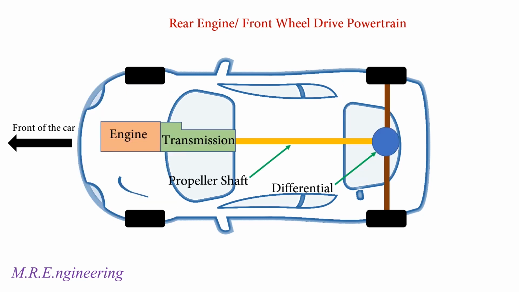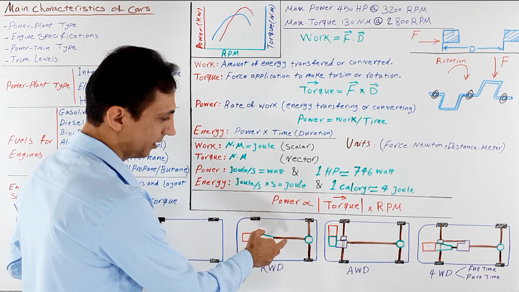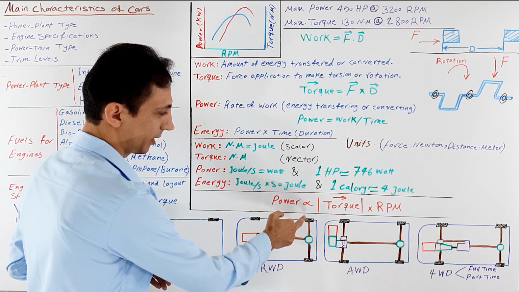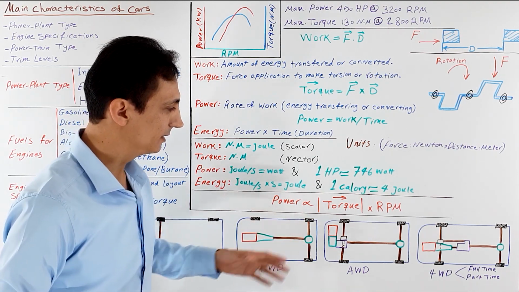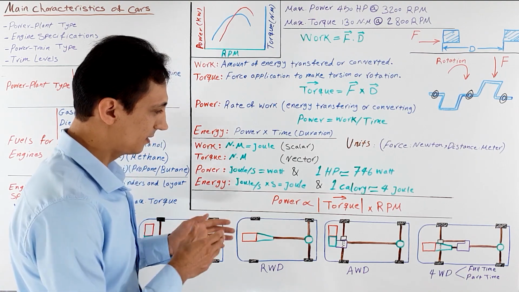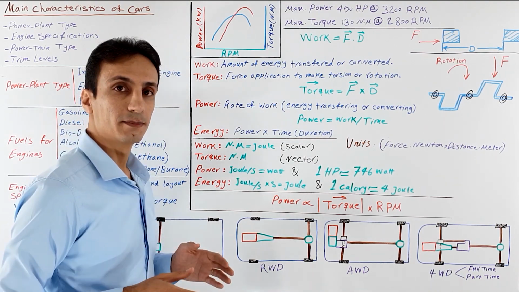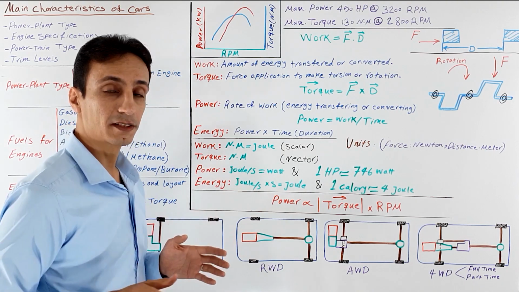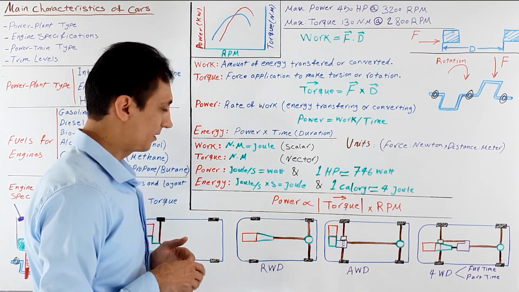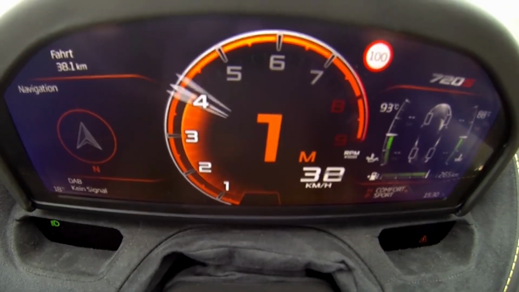But if this configuration is used for this design, power needs to travel from the engine to the transmission and then to the propeller shaft and differential and finally axle shafts and wheels and tires. This design is mostly used on trucks, but also those high performance cars that are bragging about their 0 to 60 acceleration time usually use this powertrain design.